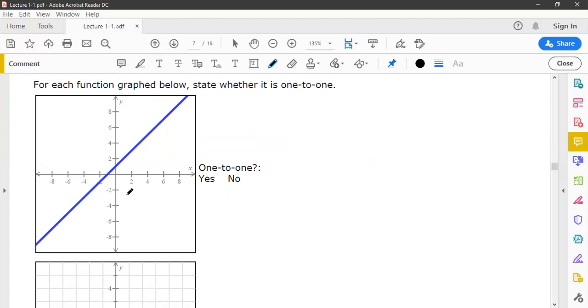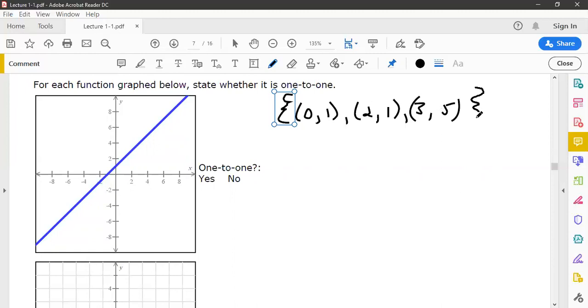So let's look at an example before we get to these problems. So if I had a function 0, 1, 2, 1, 3, 5, for instance. This is a function because our domain values are not repeating.